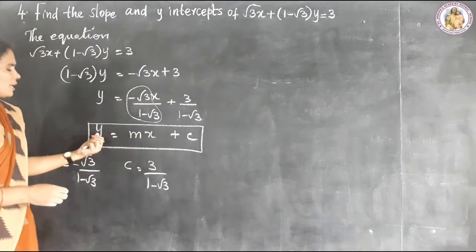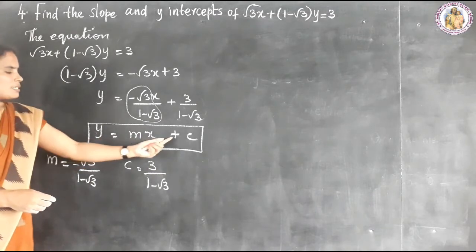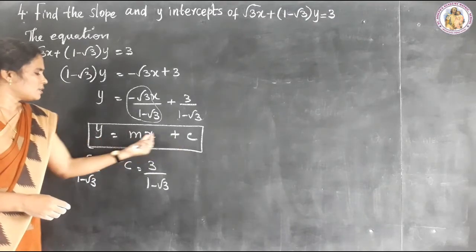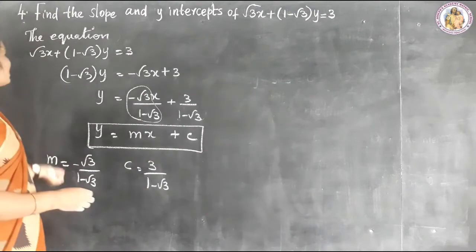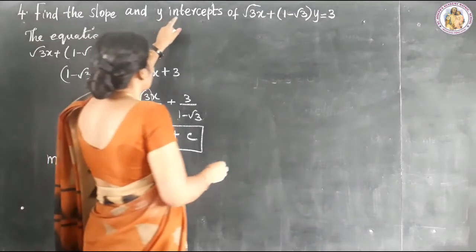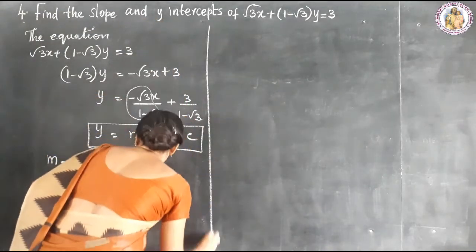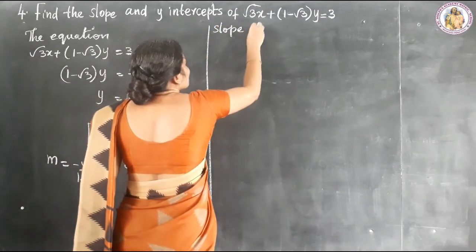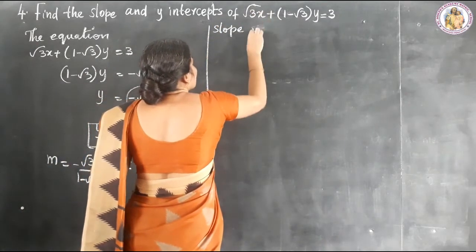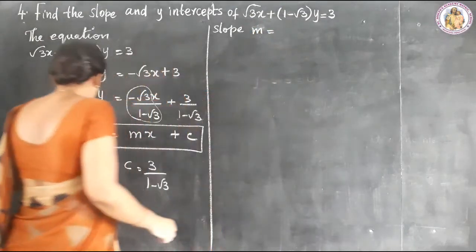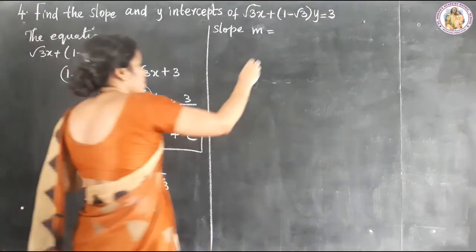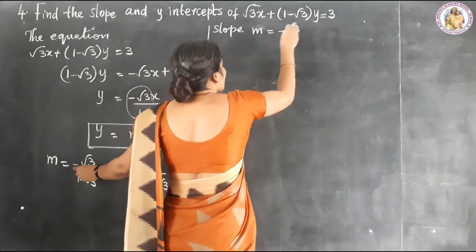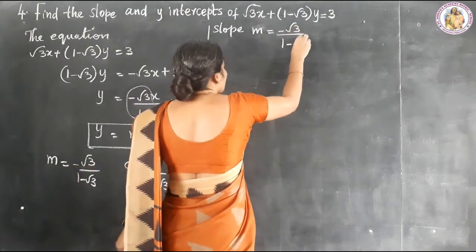Therefore y is equal to mx plus c, where m is the slope. So to find the slope, m is equal to minus root 3 by 1 minus root 3.